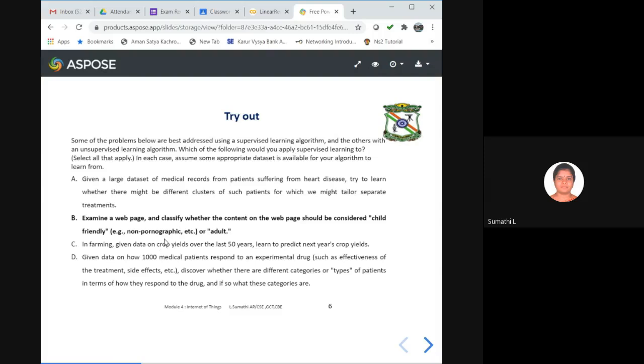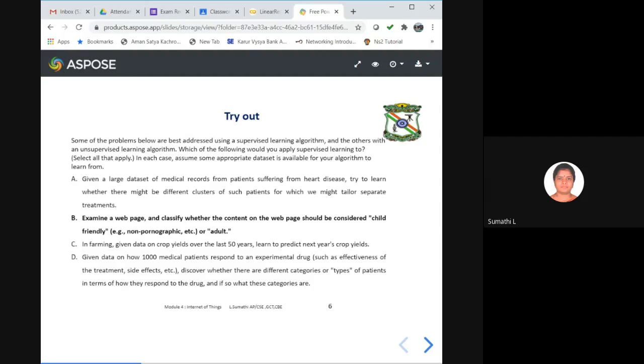In the second, I have to examine a web page and tell whether that web page is child friendly or adult. That is, I classify, so that comes under supervised. Then again, you are given crop data for 50 years and you want to predict the next crop yields.